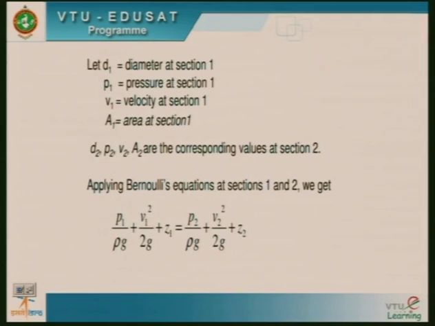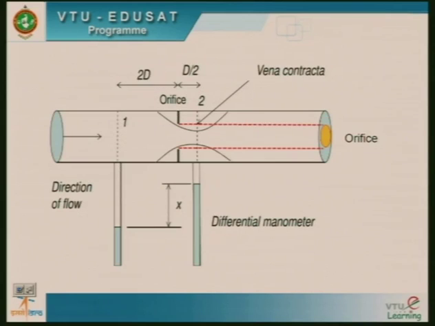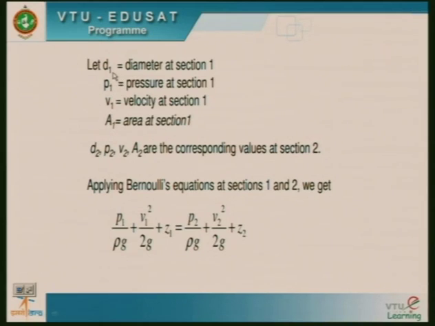Let us see how to derive an equation for this orifice meter. Now I will just go back to the previous figure. This is section 1 and this is section 2. At section 1, let us define these terms. D1 is the diameter at section 1, which is nothing but the pipe diameter. P1 is the pressure at section 1. V1 is the velocity at section 1.